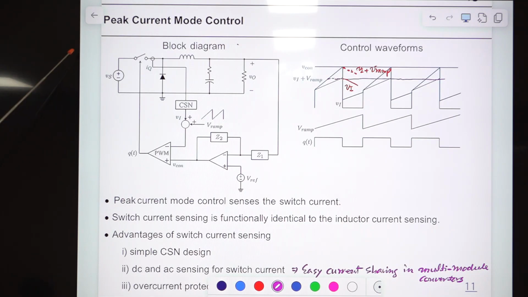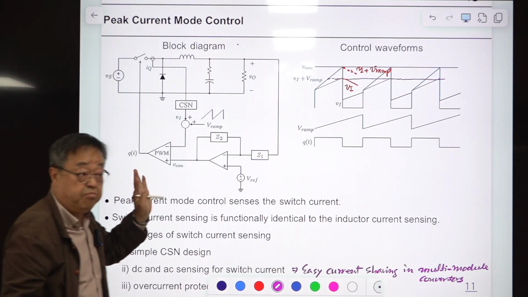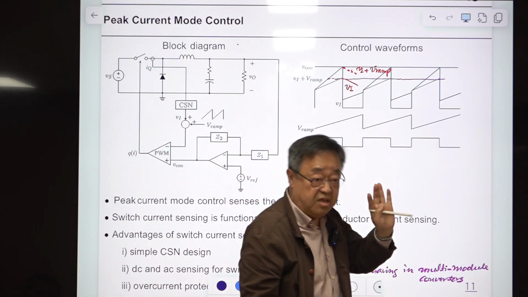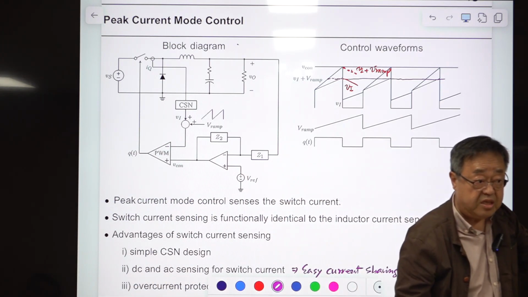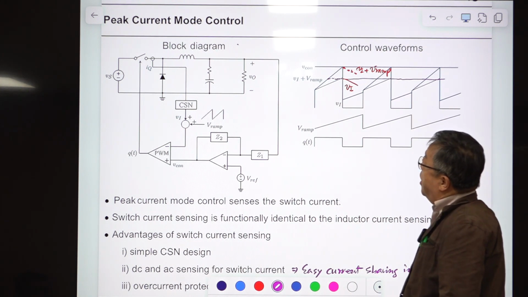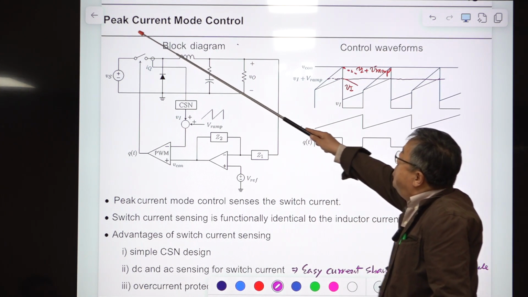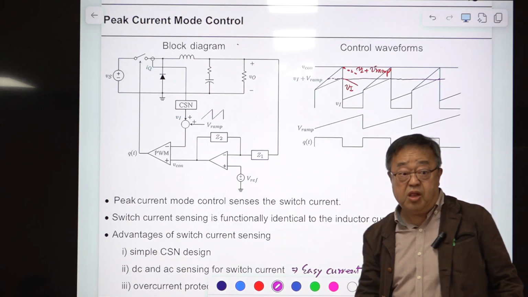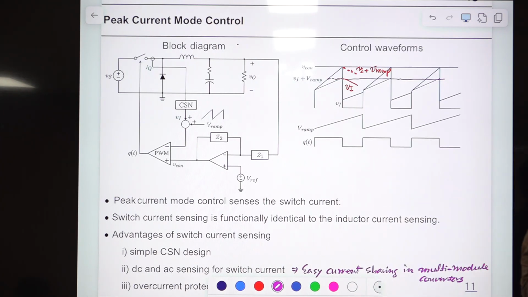We are using the word peak here. This can mislead us. It's a misnomer, a bad name. Many students and many people think peak current mode control utilizes the peak value of the inductor current to control something.